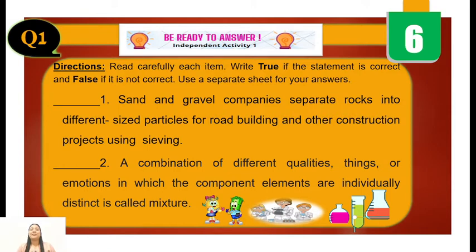This will be your independent activity number 1. So be ready to answer. Let's start. Number 1. Plant, sand and gravel companies separate rocks into different size particles for road building and other construction projects using sieving. True or false?